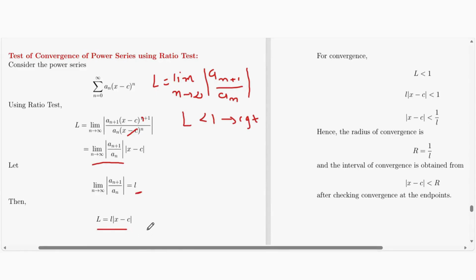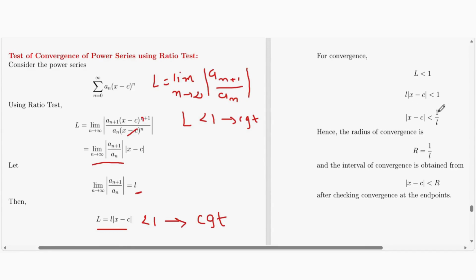Capital L is small l into mod of x minus c. If this value is less than 1, then the given series is convergent as per the ratio test. So for convergence, capital L is less than 1, that is, small l into mod of x minus c is less than 1.